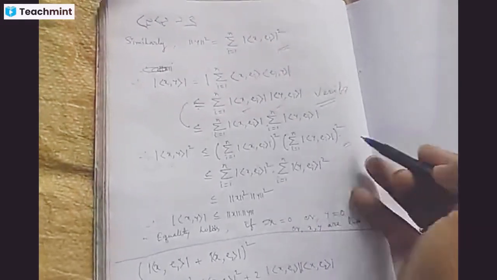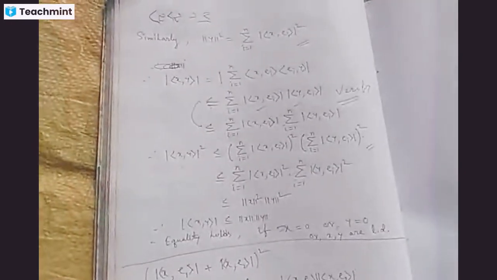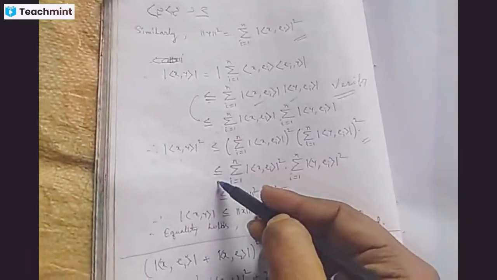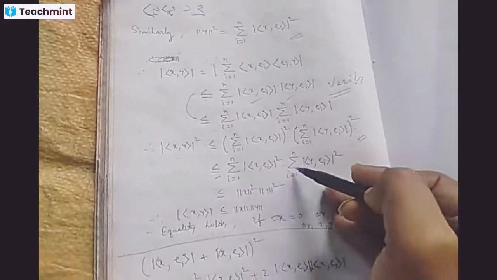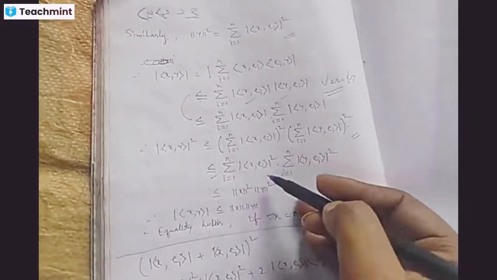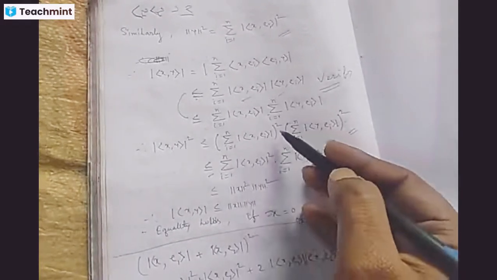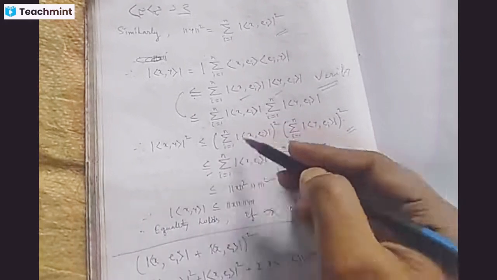Here again I have found out the less than or equal to that I have written. You can also verify. I have again verified that it is actually equal to the summation over i equal to 1 to n of the modulus, where the square acts on the overall summation.